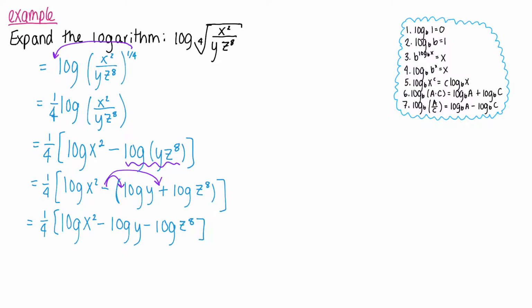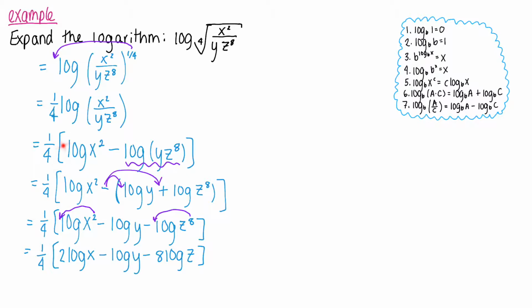Next, we're going to bring down those exponents. So the 8 will come down, log y doesn't have any, this 2 can come down. So we have 1/4, 2 log x minus log y minus 8 log z. I guess I'll bring this up because sometimes this question does come up.